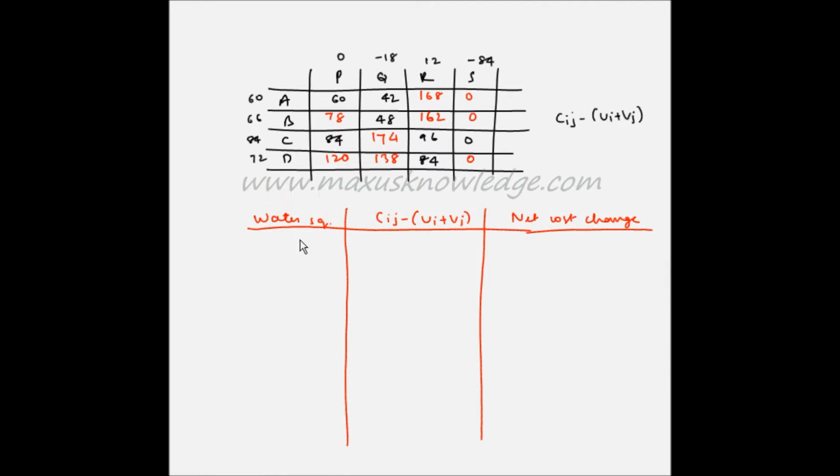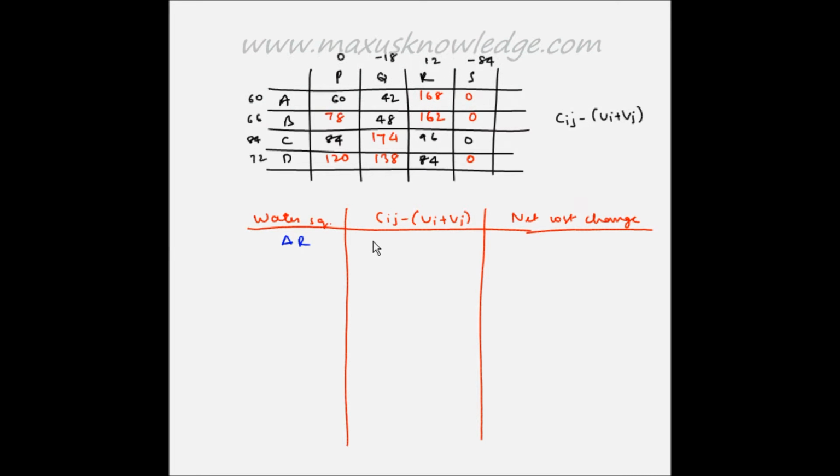Now the first water square is AR. So for AR, Cij is 168, Ui is 60, and Vj is 12. So 60 plus 12 is 72, and 168 minus 72 is 96. Now the next water square is AS. Cij is 0, Ui is 60, and Vj is minus 84.